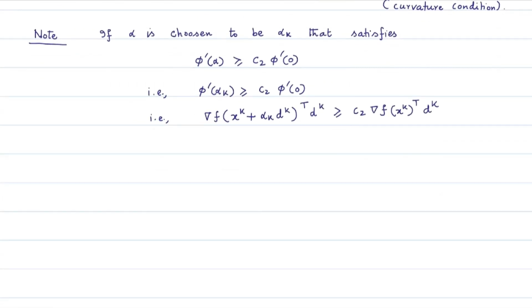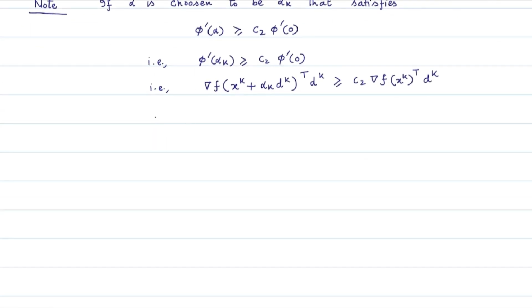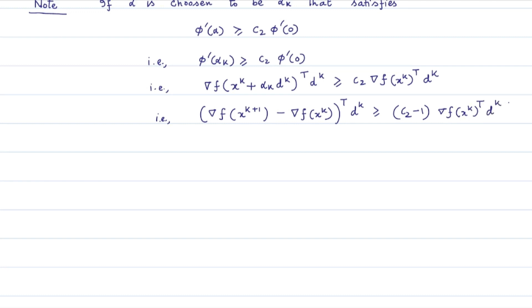And hence, by subtracting gradient of f xk transpose dk from both sides, we get gradient of f xk plus 1 minus gradient of f xk, whole transpose dk, is greater than or equal to C2 minus 1 times grad f xk transpose dk. Here this xk plus 1 is this expression, the next iterate from the point xk.